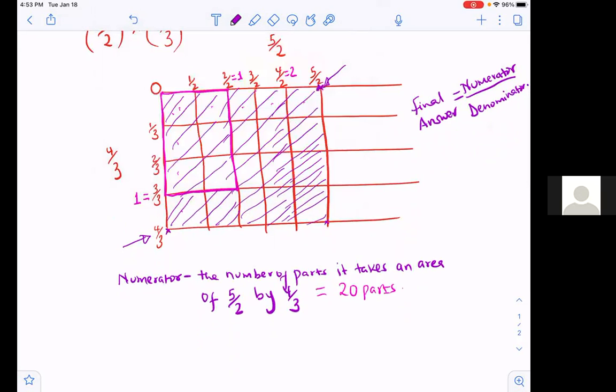Now, the denominator of our fraction is the number of parts it takes an area of 1 by 1.